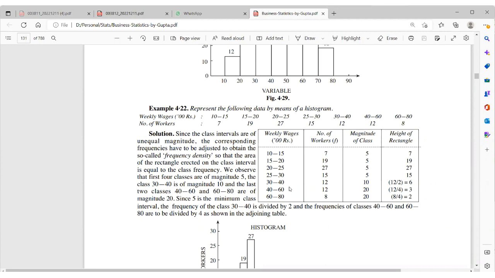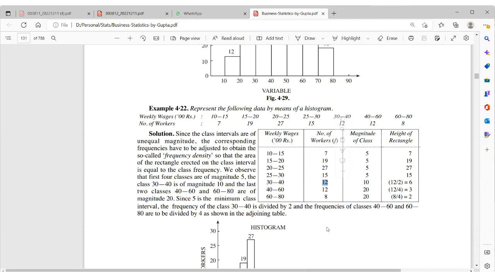So what do we do in this case? Because we need to make a similar difference, 10 to 15 is the same. Now come to 30 to 40. In 30 to 40, there is a difference of 10, but we need a difference of 5.